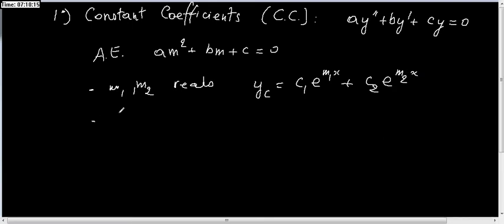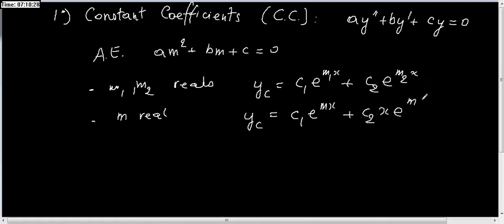When the discriminant is 0, we'll have one solution which is a real number. In that case, yc will be c1 e^(mx) + c2 x e^(mx). And the third case is when we have two complex solutions. Let's say m is alpha plus minus i beta.